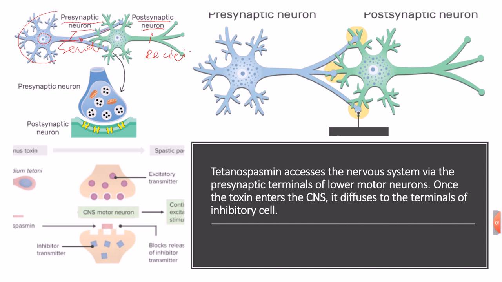The same picture is depicted here. You can see the junctions depicted in a zoomed view. This is the axon terminal, right? The space between is the synaptic cleft.